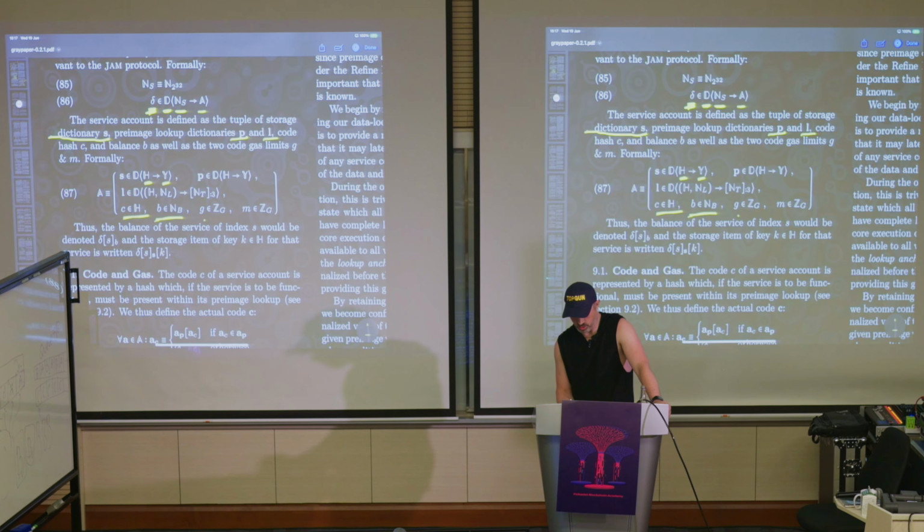There are two gas limits. One of them is the gas limit when we do a transfer.